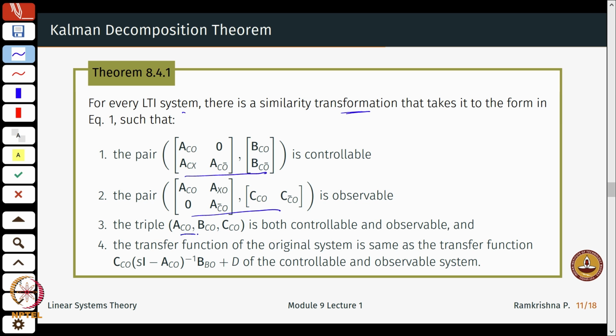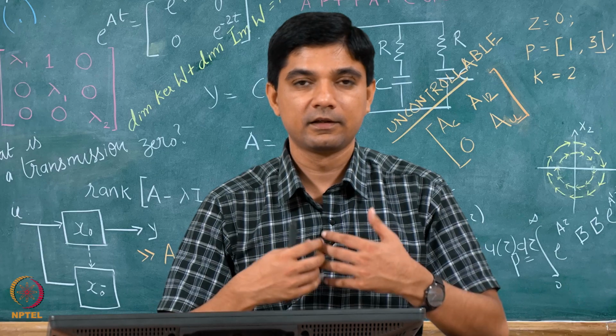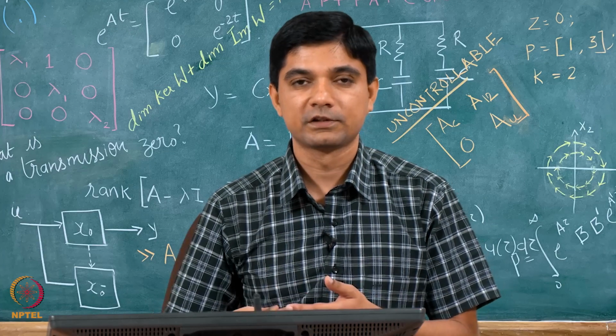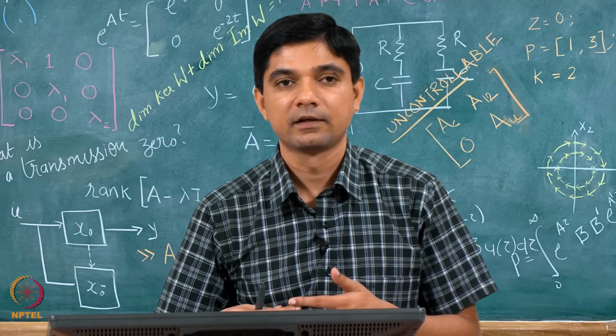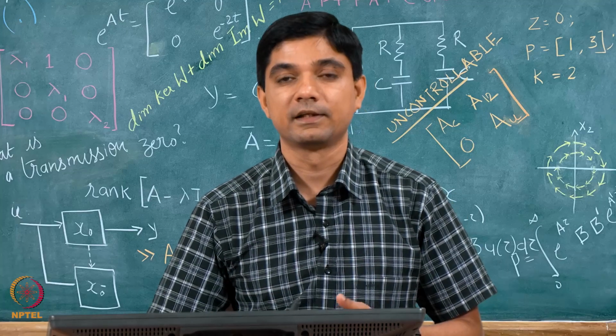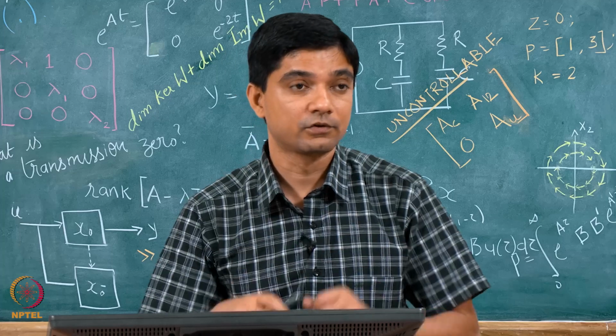The triple A c naught, B c naught, C c naught is both controllable and observable, and the transfer function of the original system is the same as the transfer function of both the controllable and observable system. So, when we did the controllable decomposition, we proved that the transfer function is the transfer function of only the controllable part.